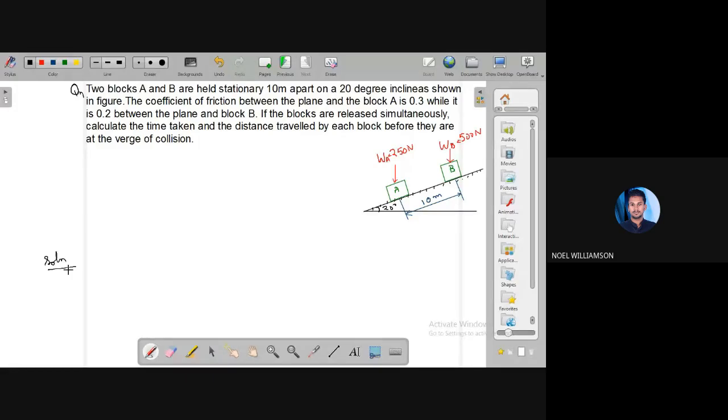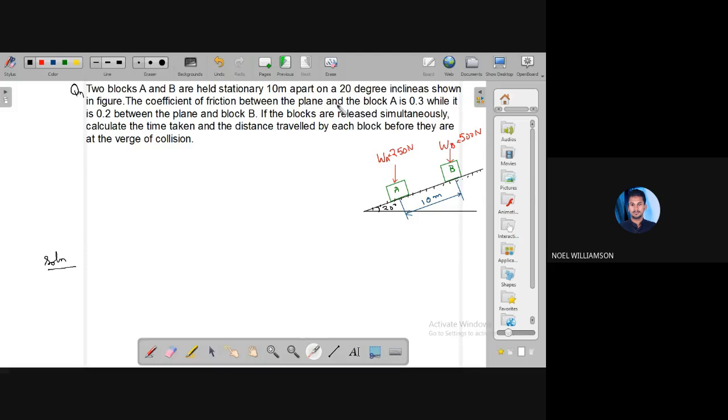Okay, fine. So we'll see the question. Two blocks A and B are held stationary 10 meter apart. So like this, initially two blocks A and B, which are stationary at this particular incline, 20-degree incline.